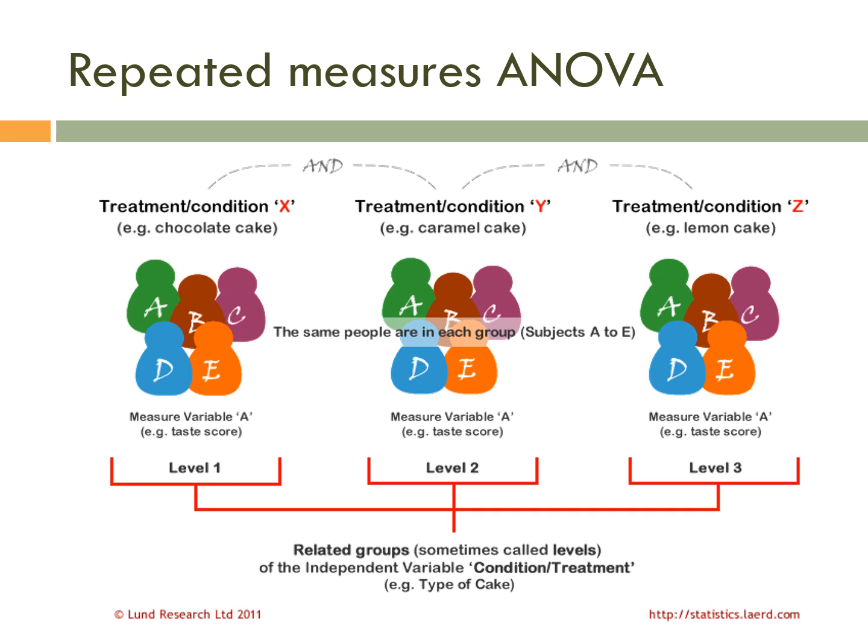And then we take the same participants later and we measure their taste of caramel cake. How much do they like that? And then we take the same participants later and we measure them eating lemon cake and how much they appreciate the lemon cake. And we have the same participants, same subjects in all of those three conditions at different times. So they are still in all three levels of your independent variable.